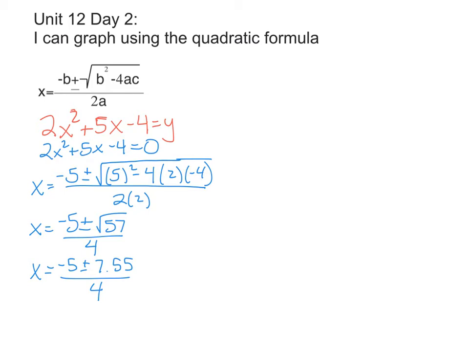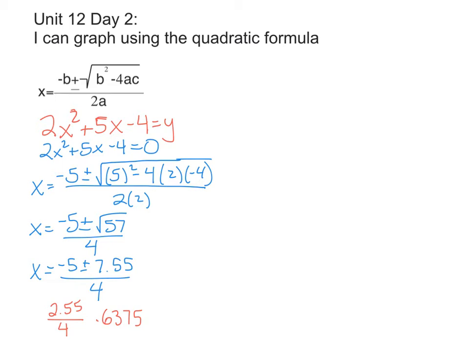Negative 5 plus 7.55, that's 2.55 over 4, which is 0.6375, about. That's a good approximation.